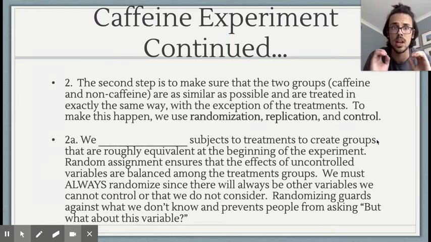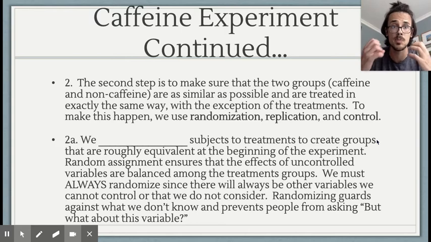If you don't have two separate groups to compare, you can't say whether the results that you're seeing are because of the variable of interest or because of some other factor. My example last time was if I give everybody caffeine, I wait and I measure. Maybe my awesome stats lecture in the meantime is what increases that pulse rate. So I need to make sure that I have at least two groups that both experience the same thing.